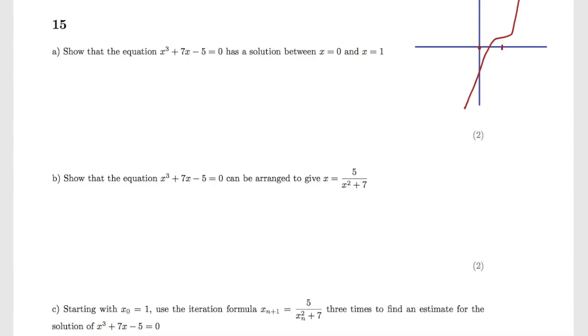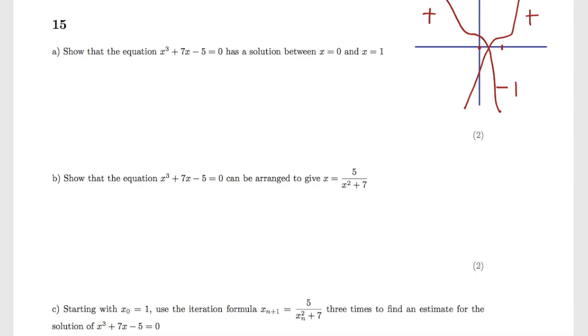So the y value should change. So when it's below the x-axis, it should have a negative value, and when it's above the x-axis, it should have a positive value. Also, if it's a cubic going this way, which you can have as well, maybe there will be a positive value and then a negative value. But however it works out, the values should change. So there should be a different sign for the value at x equals 0 and x equals 1.